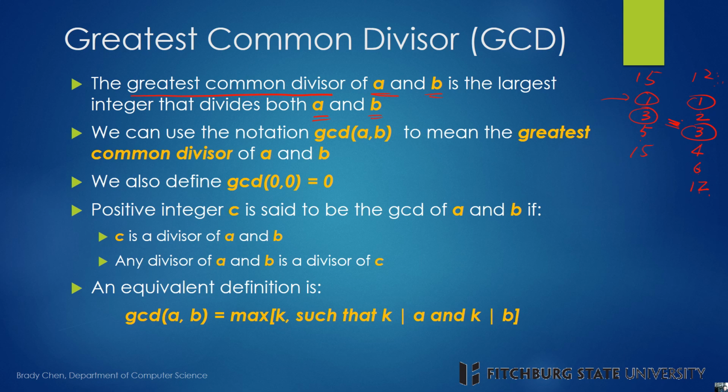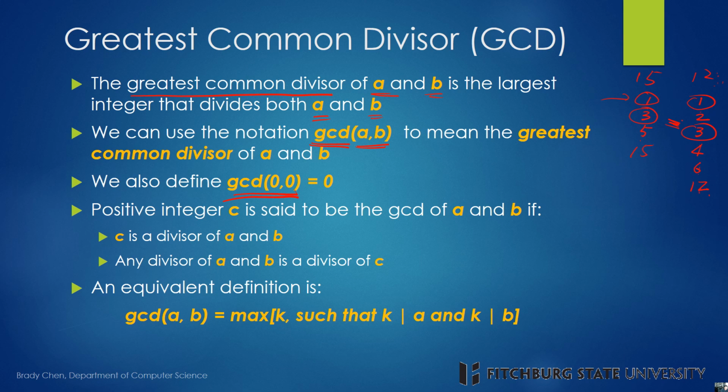Because if the numbers are big, then it's not easy to list all the divisors. So for the greatest common divisor, we can use the notation GCD, greatest common divisor of A and B. Now, the GCD of 0, 0, that's a very tricky one.